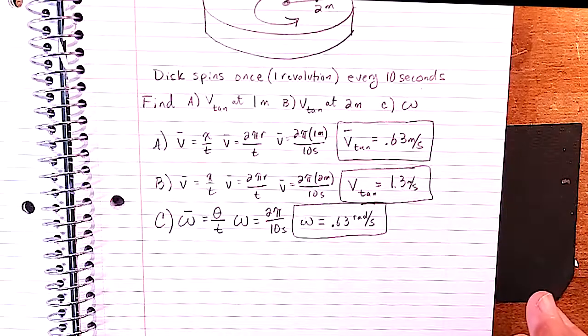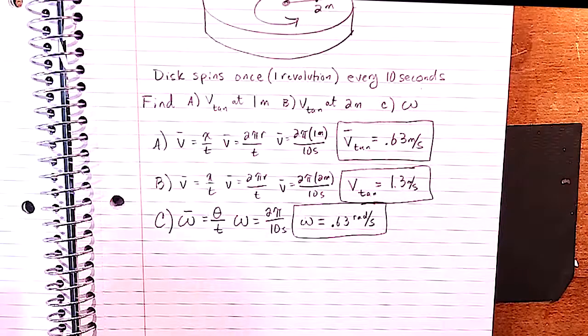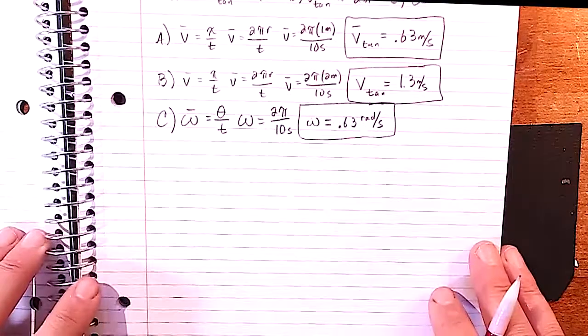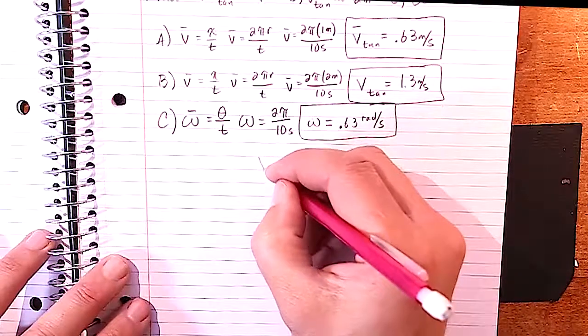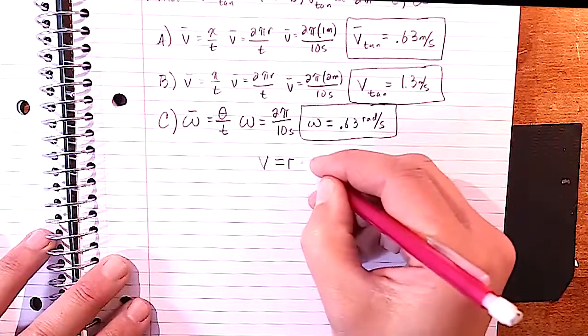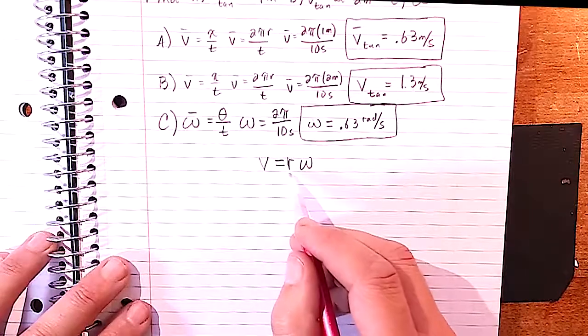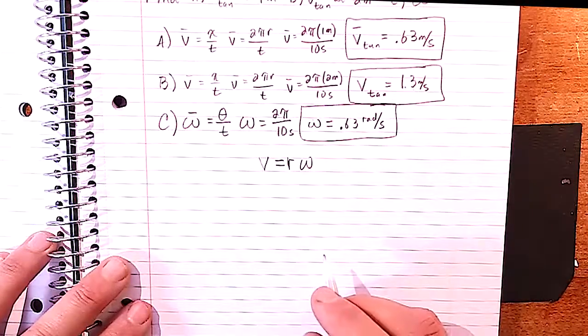Again, very basic. But there's an important formula that can help us to move between angular and tangential. And that formula, I call it rho-mega. V equals rho-mega. So our tangential velocity at a point is going to equal the radius times the angular velocity.